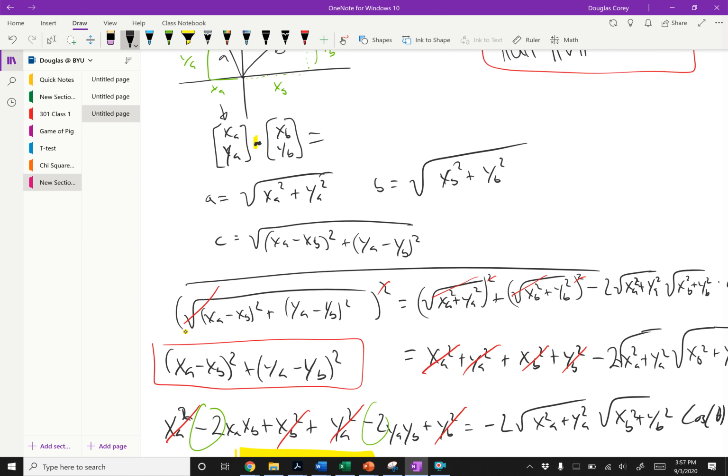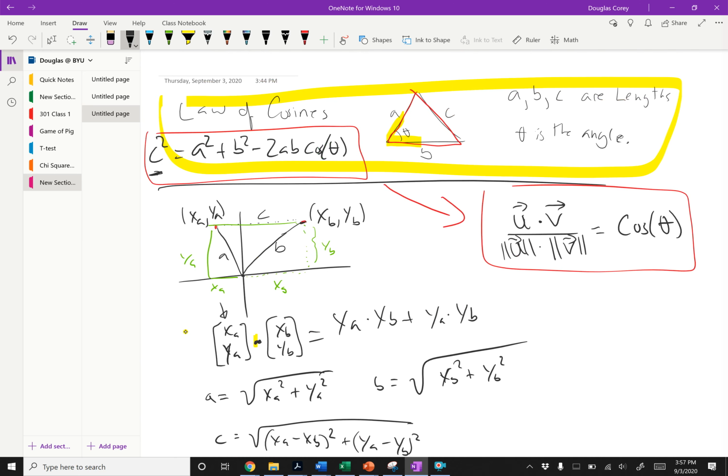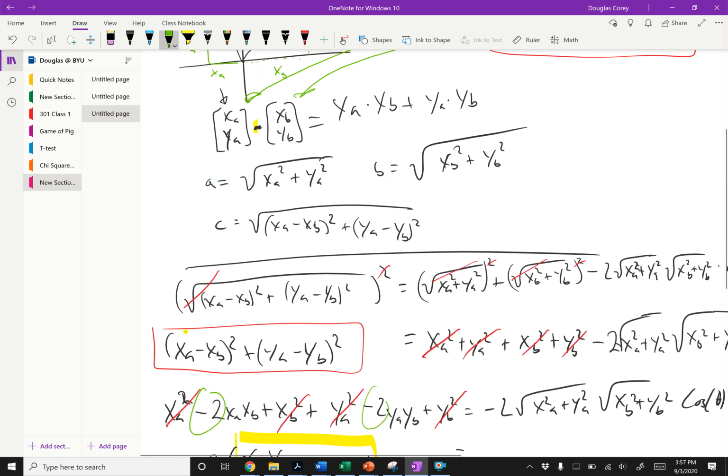So if you dot those, we get x a times x b plus y a times y b. So we have that expression. That's good because we want to end up with a dot product over here, where u and v in our case are the two vectors.